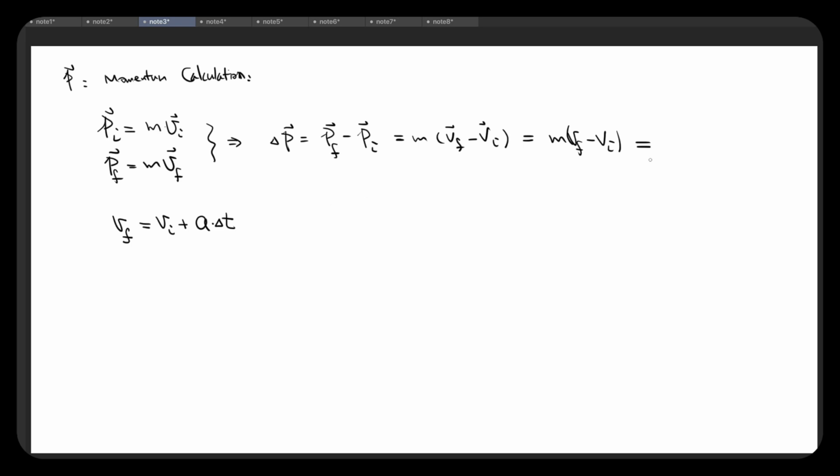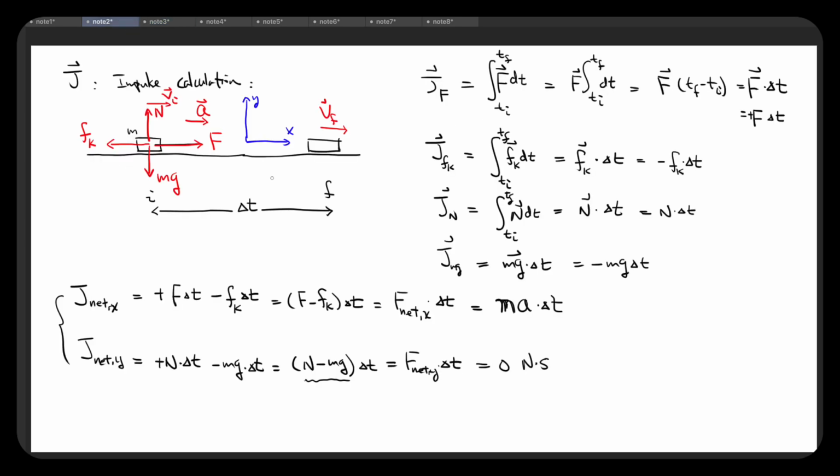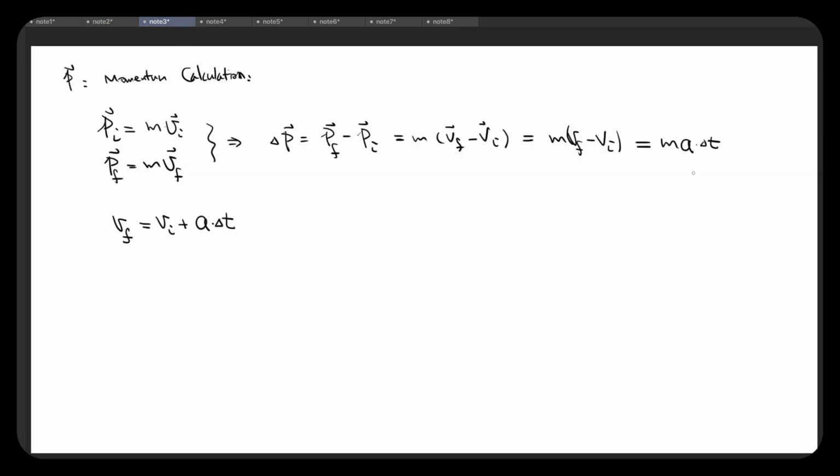I can use a delta t to replace the V final minus V initial. So that's exactly what we have here. We can see from Newton's second law, the net force is ma, and then if we replace it, we get exactly the same equation here.